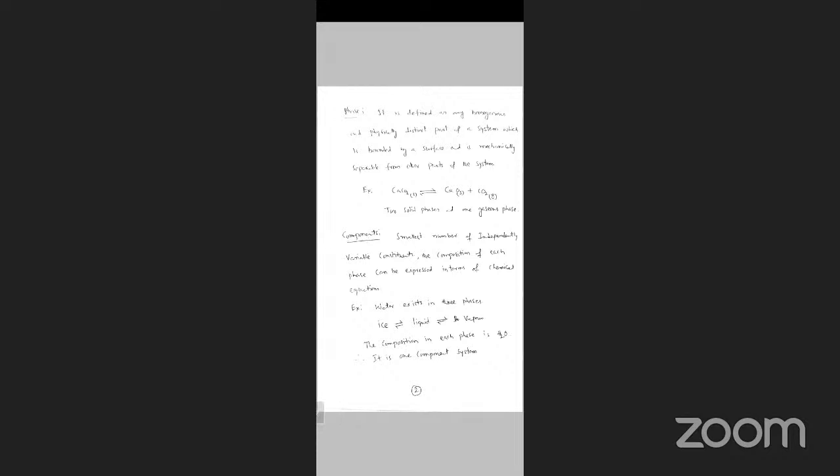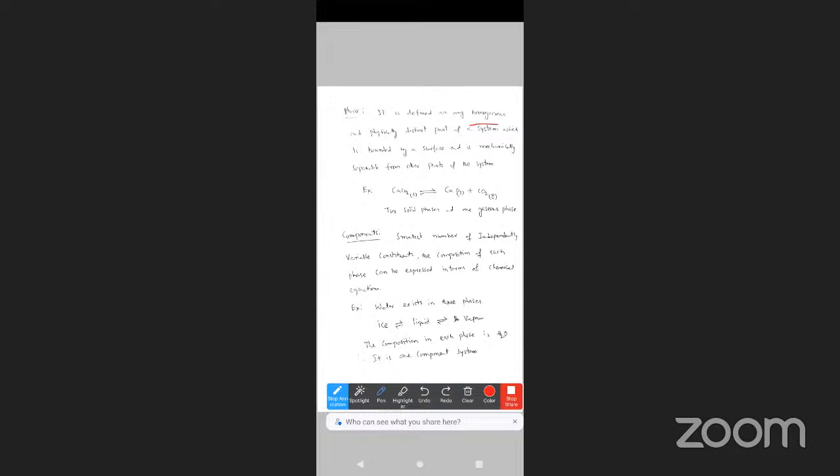Now let us know what is phase, what is component, and how we can understand. And let us see some examples. Now what is phase? It is defined as any homogeneous and physically distinct part of system which is bounded by a surface and is mechanically separable from other parts of the system.